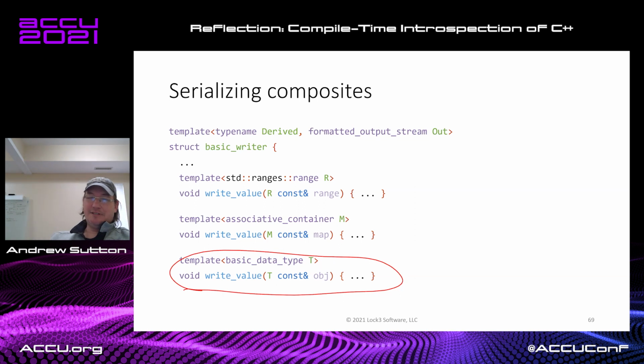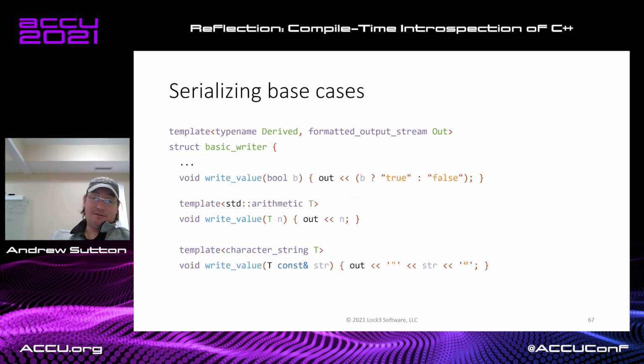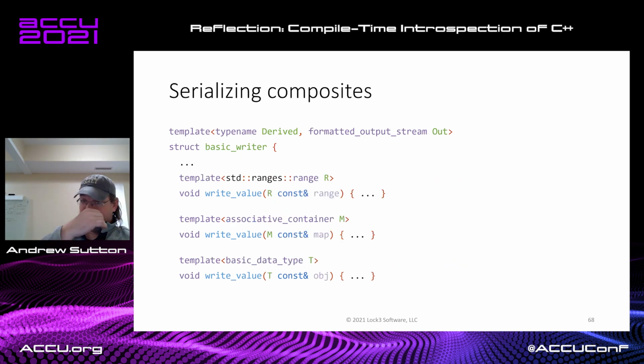An associative container is a range, right? It has a begin in it, like this unordered map, standard map, whatever. That is a range. Even going back to character string, we have overlap here too. Strings are also ranges. They have a begin and an end, right? So we know the relationship between these things really well.